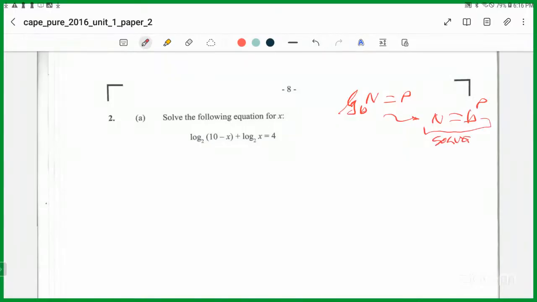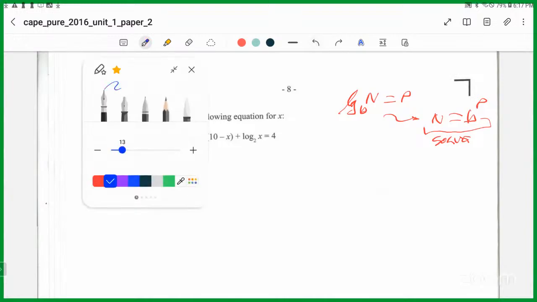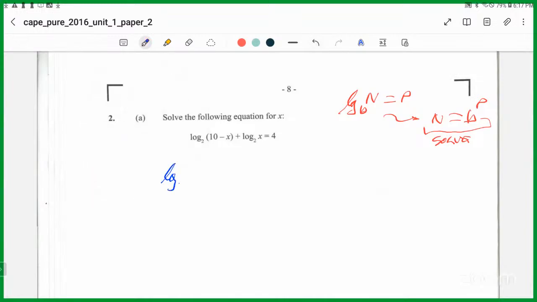That's your approach. So we need to consolidate the left side into one log expression. When you add logs, it becomes the log of the product. So the left side of this equation becomes the log to base 2 of the product of these two things. Multiplying this and this, it becomes 10 minus x times x equals 4.